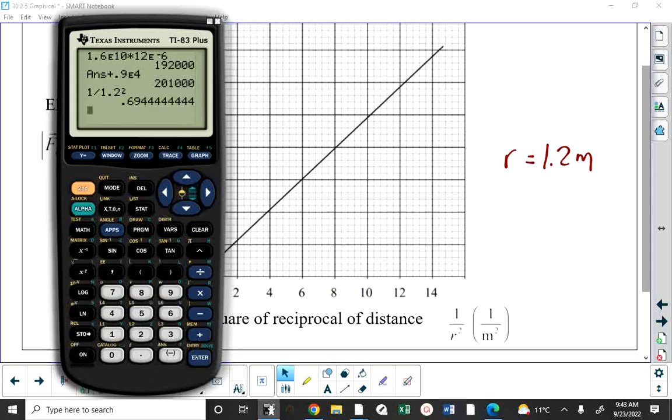You're going to get 0.694. And that becomes your x-coordinate. That's what's plotted on the x-axis. If it was 0.9 meters, well, you'd take 1 divided by 0.9 squared. And you'd put 1.1 there. I didn't square it. Thank you.